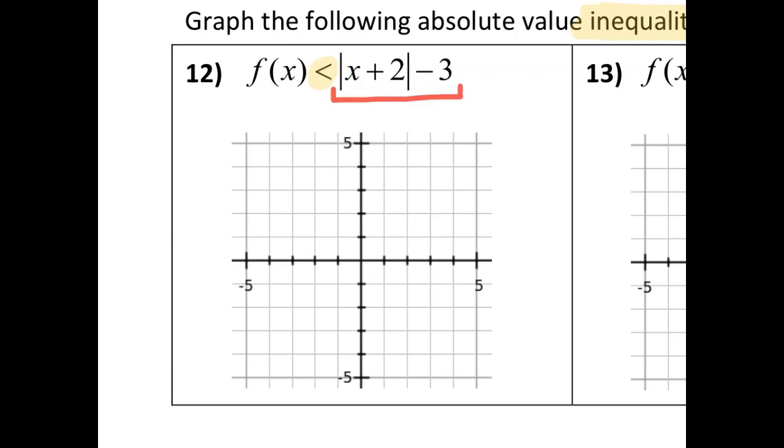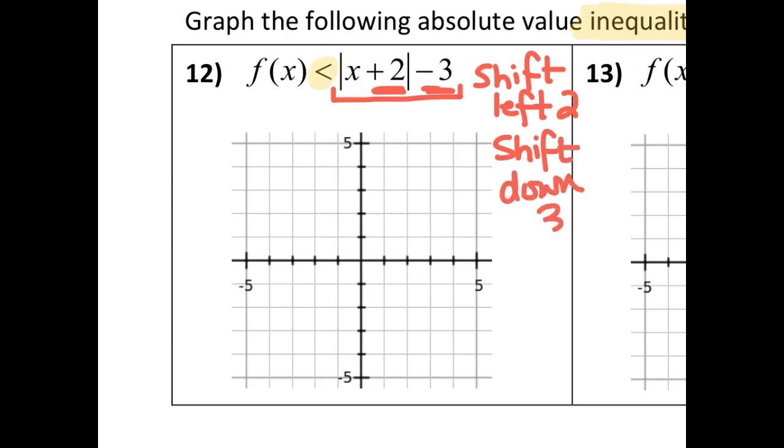It's going to be a V shape that opens up because there's no negative sign in front of the absolute value. The plus 2 inside means that I have a shift to the left, 2. And the minus 3 outside of the absolute value says that I shift down 3. And so I'm going to take my vertex, which was at 0, 0 in the parent graph. I'm going to shift it left 2 and down 3.